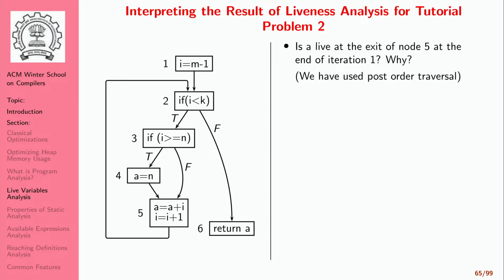Okay, now answer these questions. This is the same graph that we have solved, for which we have performed the analysis. Is A live at the exit of node 5 at the end of iteration 1, and why? Is A live here at the end of iteration 1?